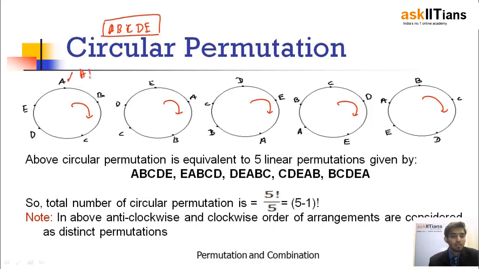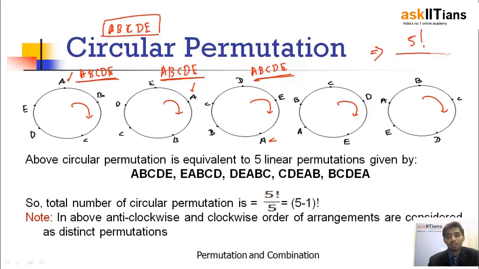If I start from here, this is A, B, C, D, E. If I start from here again, this is also A, B, C, D, E. If I start from here again, this is also A, B, C, D, E, and I am always traversing in the clockwise direction. Okay, so this particular case A, B, C, D, E is repeated 5 times. So we will divide by 5. So the total number of circular permutations will be given by 5! divided by 5. Here we are dividing by 5 because each case is repeated 5 times.